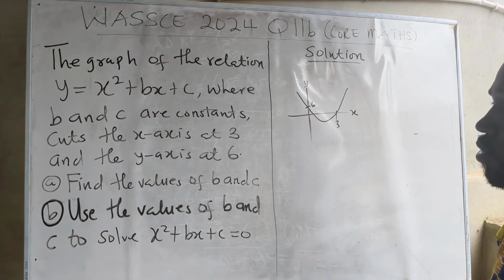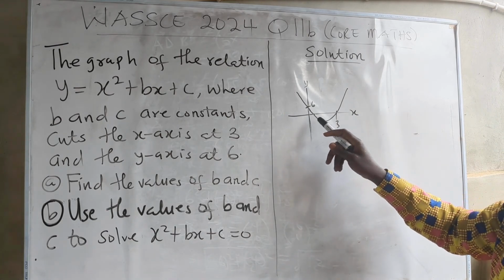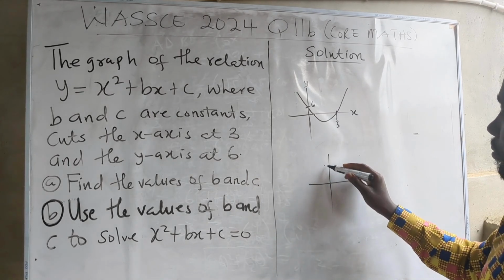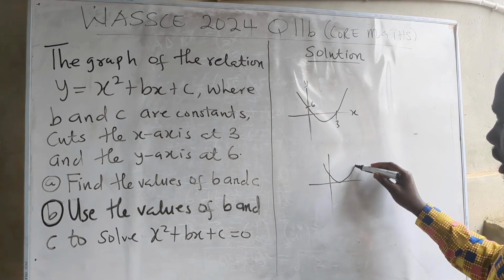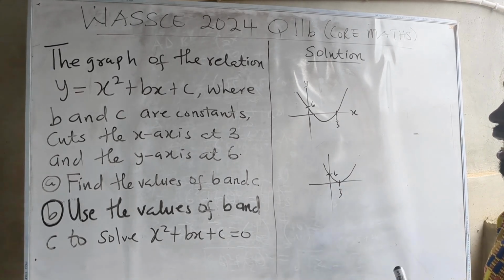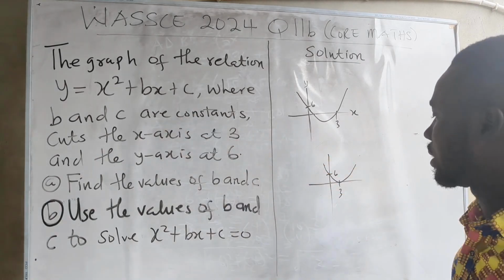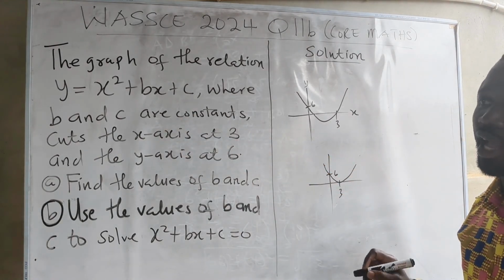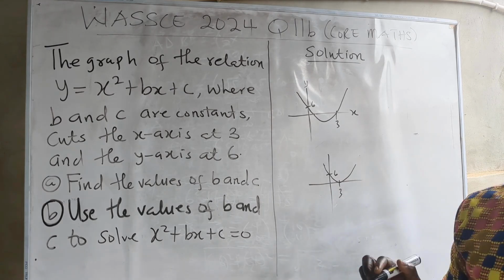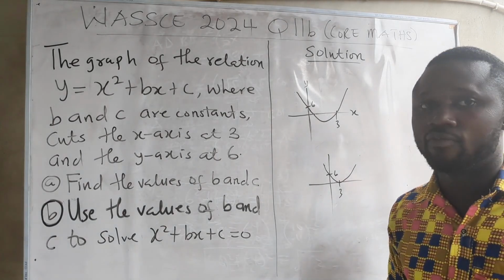So when you look at the curve, you see the nature of it. It can happen that the curve can even be like this, cutting the s axis just at a point, and here will be 6. If the curve is like this, then the quadratic function is a perfect square, where we will have equal roots, where the values of s will be the same. Because actually we don't know the other value of s.